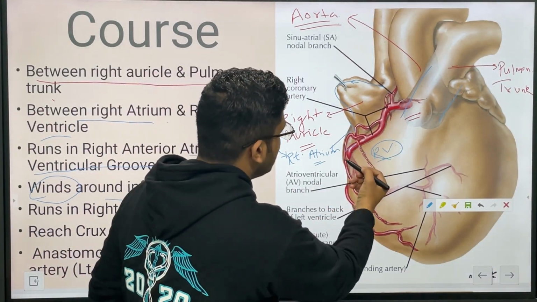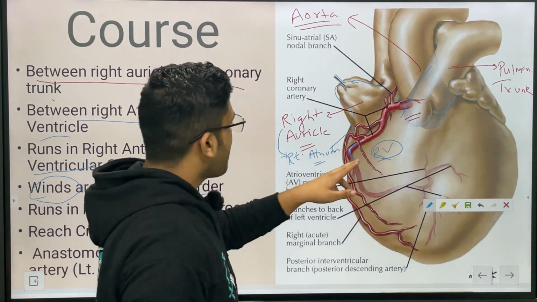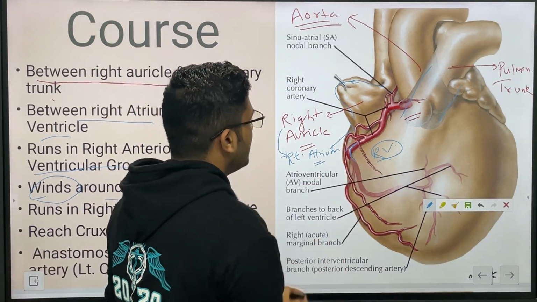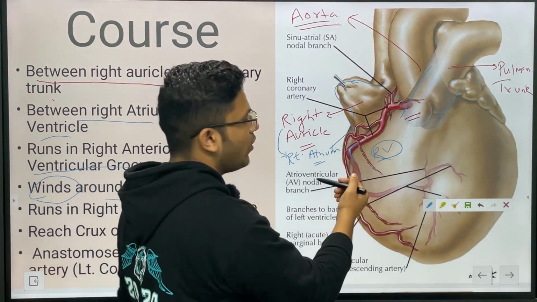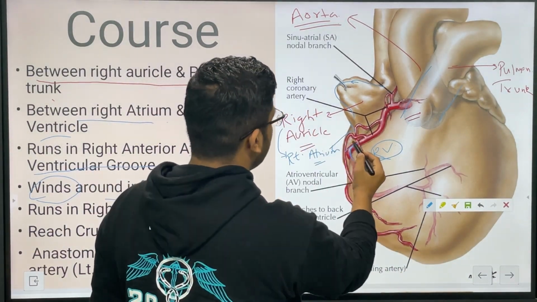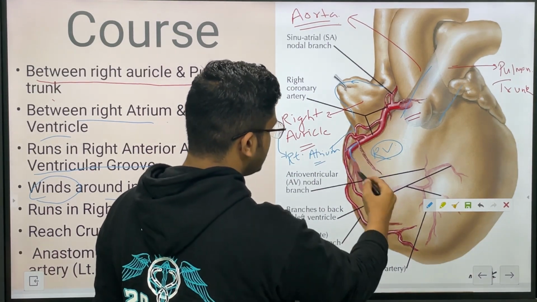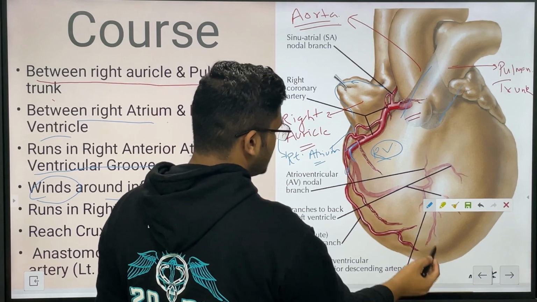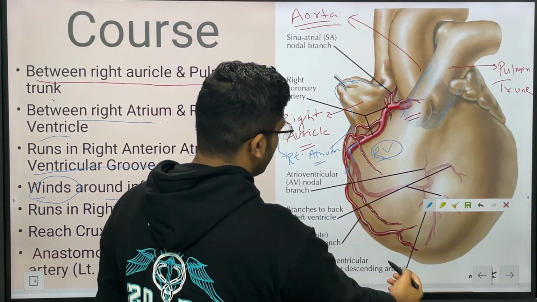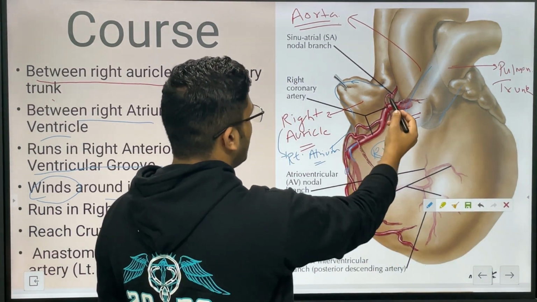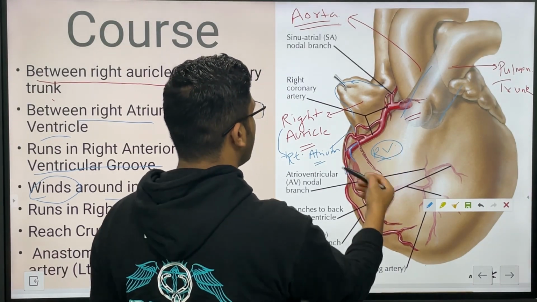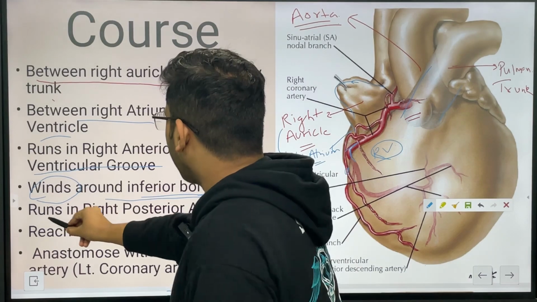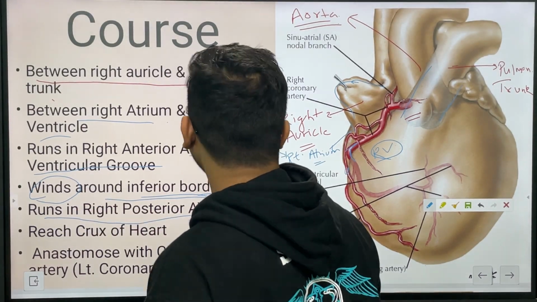Here you can see it is taking a turn on the inferior border. We already discussed in the previous class about the external features of the heart, in which I told you this is the inferior border of the heart. From the opening of the IVC to the apex of the heart, this is your inferior border. So the right coronary artery is winding around your inferior border, and it is running in the right posterior AV groove.